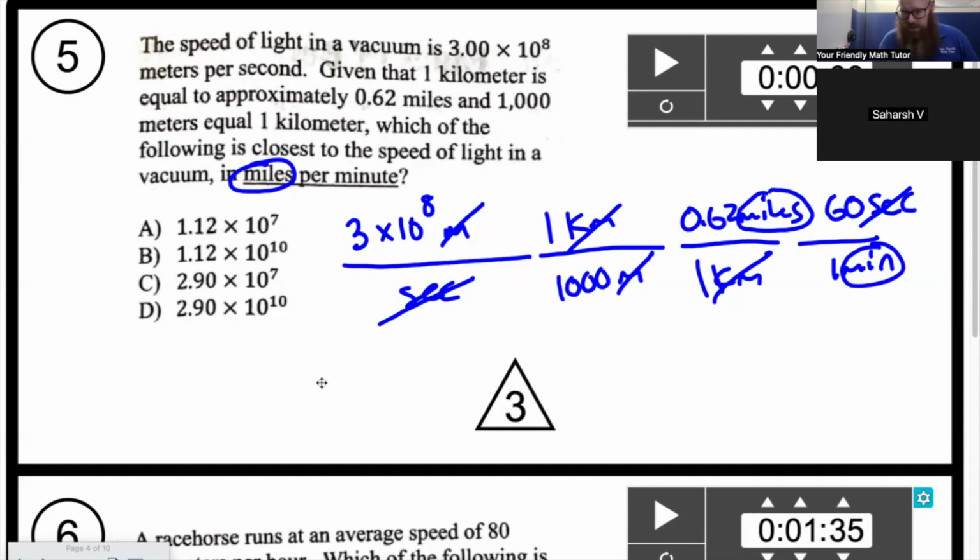And then you can just use a calculator for the rest. You're going to do 3 times 10 to the eighth, multiply that by 0.62, multiply that by 60. Then take that answer and divide by the 1,000 on the bottom, because the rest on the bottom are just a bunch of ones. So I divide by 1,000.